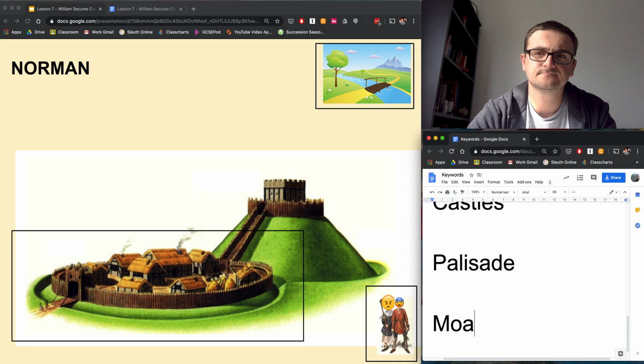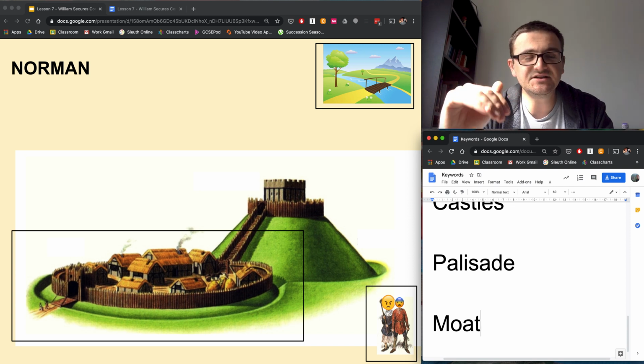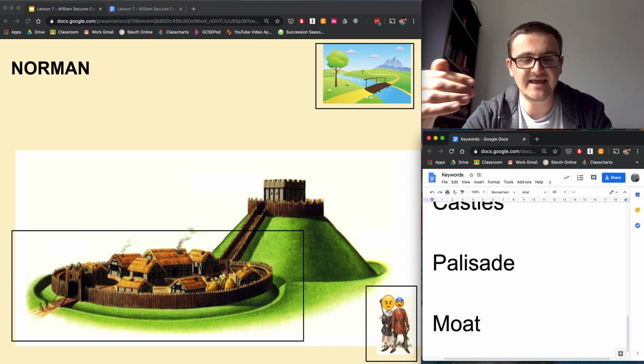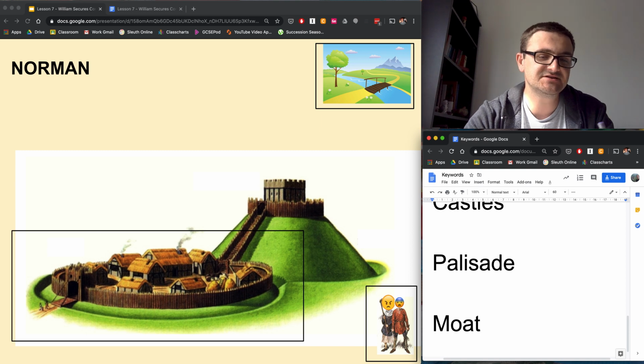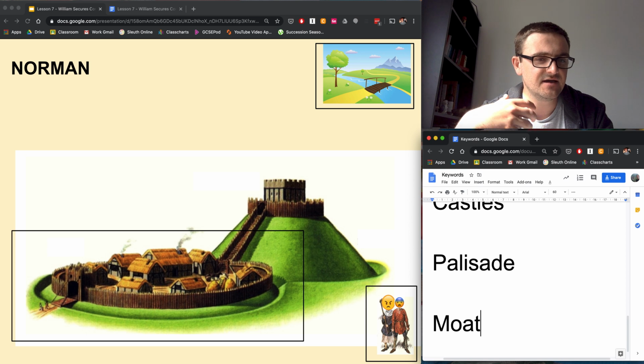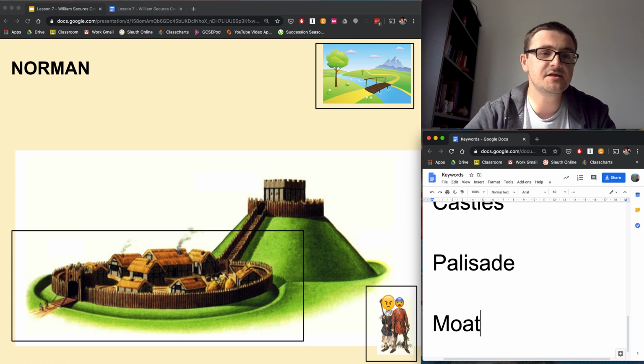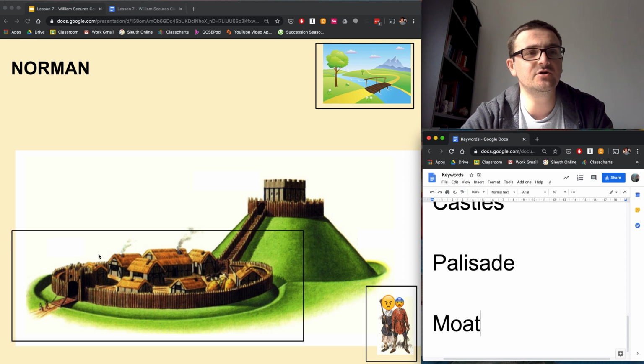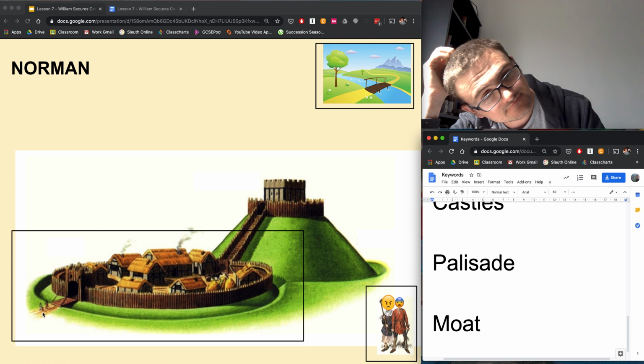M-O-A-T. The moat was a ditch that was dug, making it harder to get in, often filled up with water, meaning that any attacker in heavy armour or carrying heavy weapons would find it very, very difficult to get through that water without sinking and drowning. Access over this moat was controlled by a drawbridge, which did allow people in and out when they needed to.